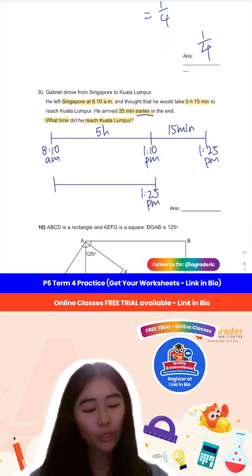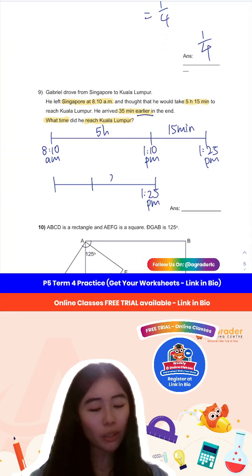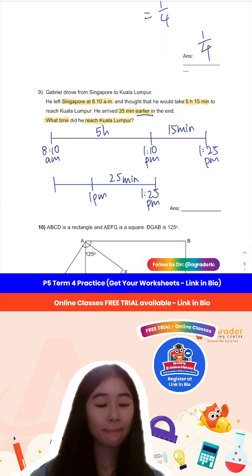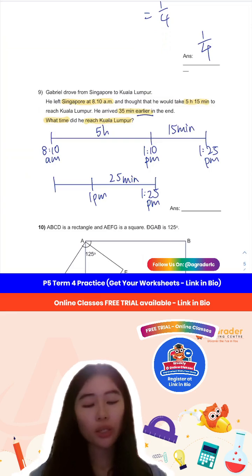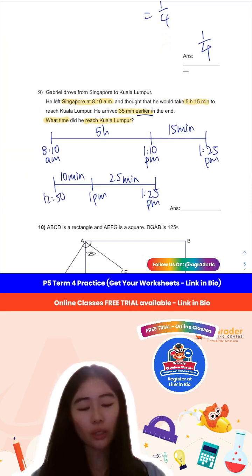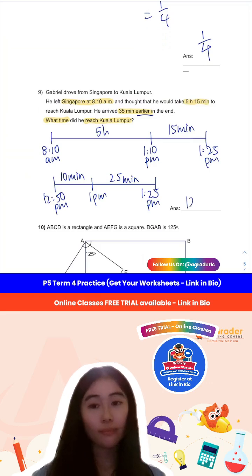So let's go backwards by 35 minutes. I'm going to go backwards by 25 minutes first so that I can reach a nice number, 1 p.m. And then there's still 10 more minutes, right? So we're going to work backwards another 10 minutes. So that should be 12:50 p.m. Yeah, so that's the final answer, 12:50 p.m.